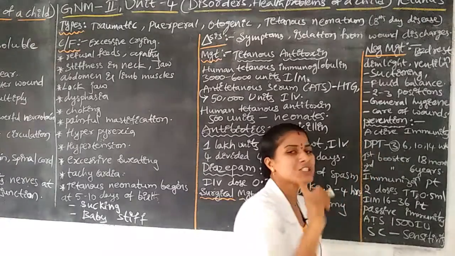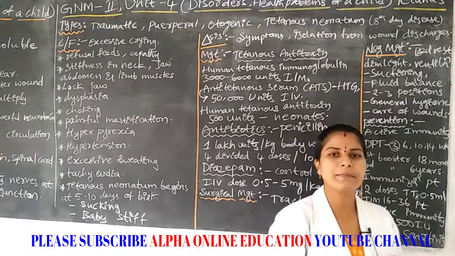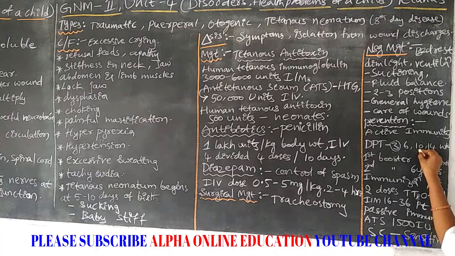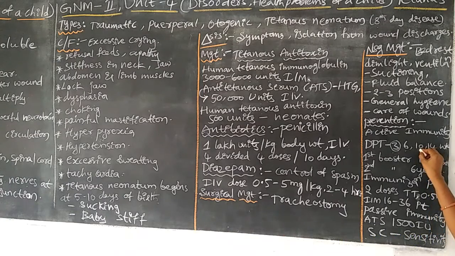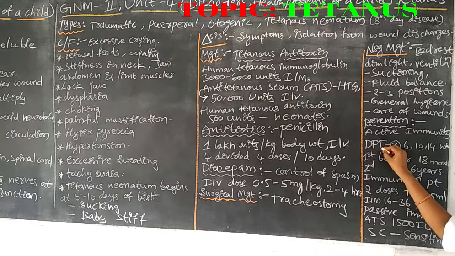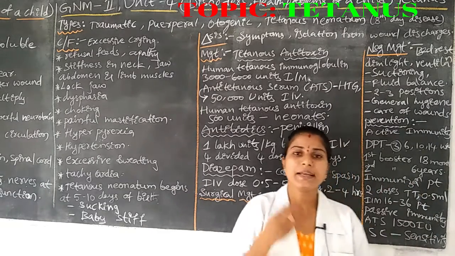DPT vaccine first dose. The second dose we have to administer at the age of 10th week of life, second dose of DPT, diphtheria, pertussis, tetanus, for prevention against the 3 diseases.